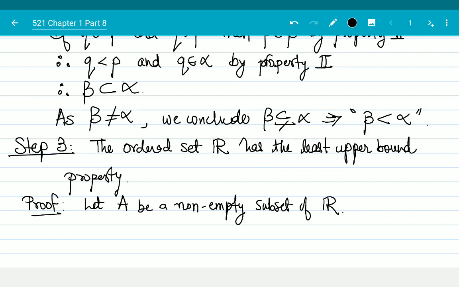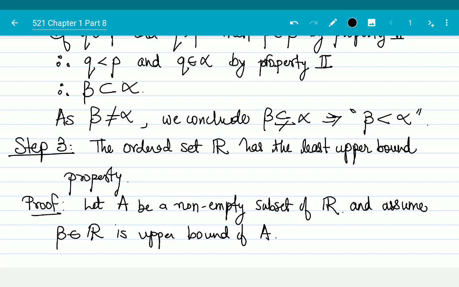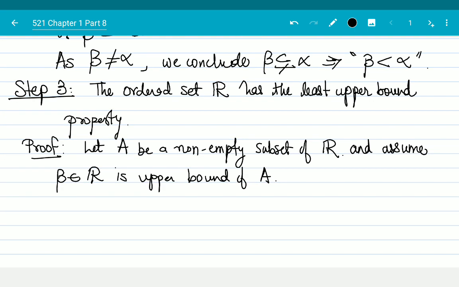So A, as a non-empty subset of R, is a collection of cuts. And assume beta belonging to R is an upper bound of A. Then we want to show A has some least upper bound, right?